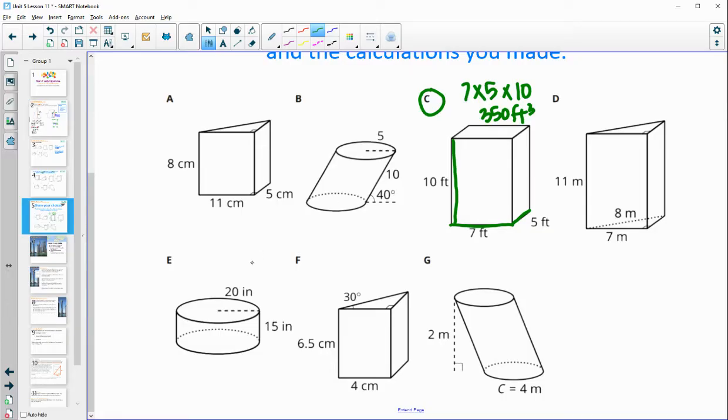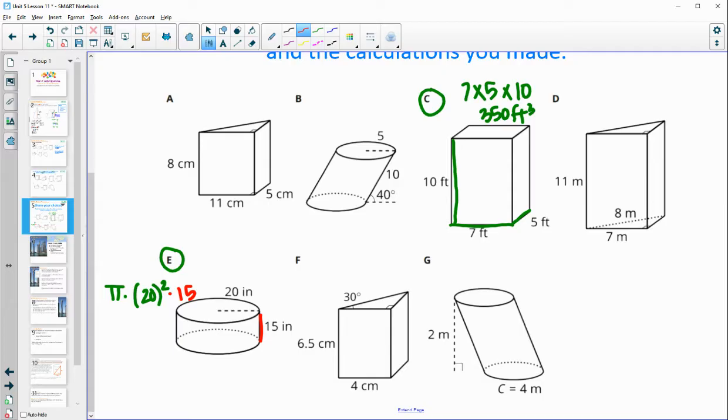Maybe E seemed pretty easy because you've got the radius of the circle. So to find the area of the base, it was just going to be pi times 20 squared. And then times the height, which was given to you. So then multiply by 15.